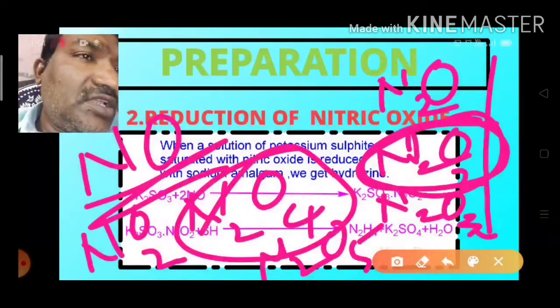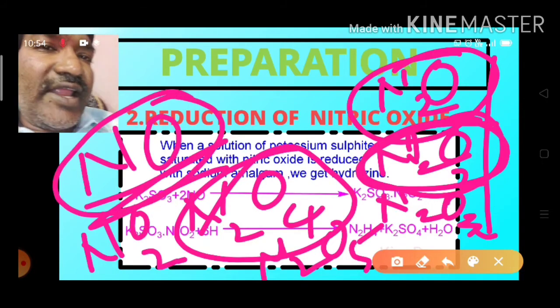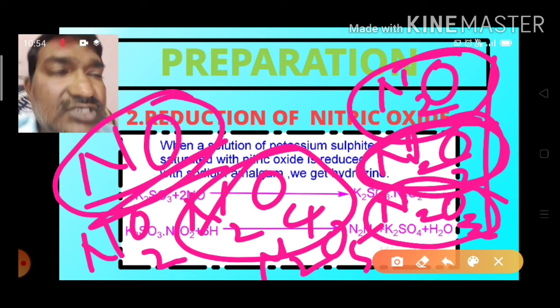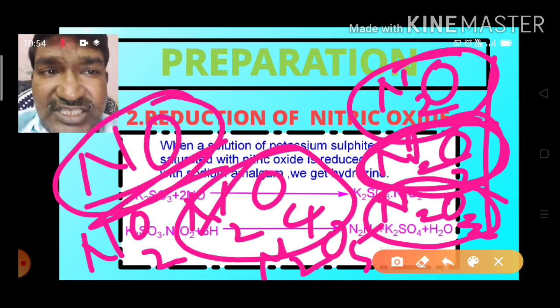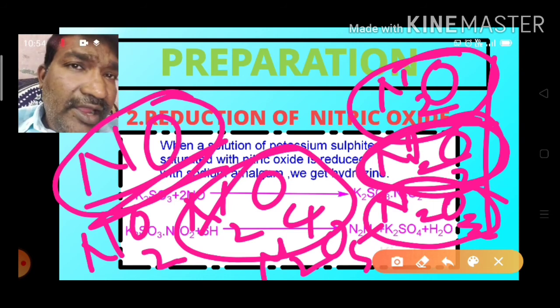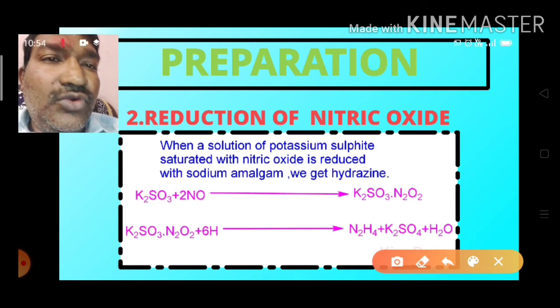N2O is known as nitrous oxide, NO is known as nitric oxide, N2O3 is known as dinitrogen trioxide or nitrogen sesquioxide, and N2O5 is known as dinitrogen pentoxide. So like that we have the five nitrogen oxides, and the nitric oxide formula is NO.